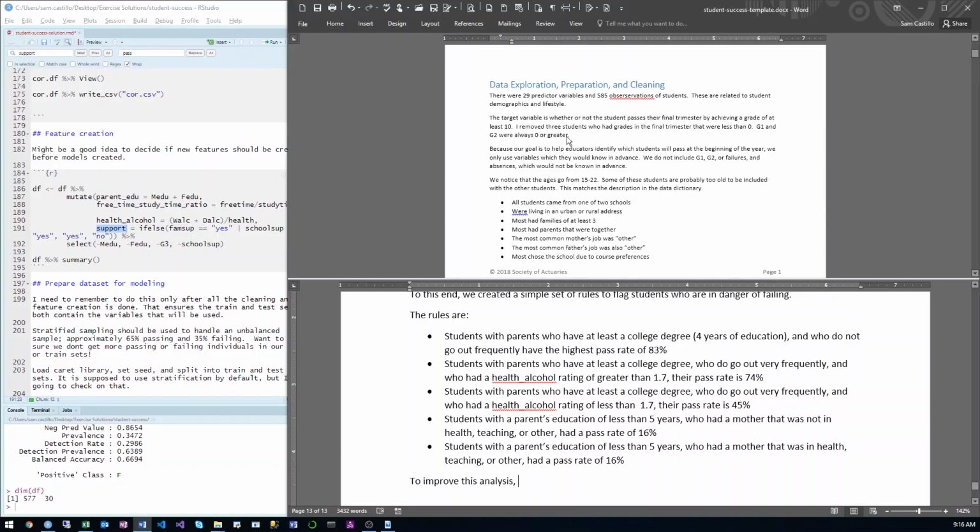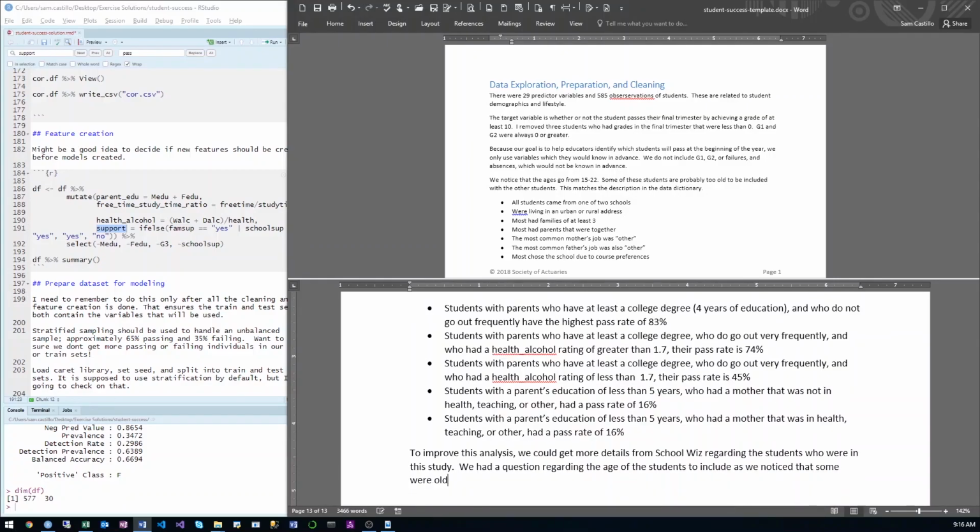now you just have to go through and talk about any of the mistakes that you had or questions that you had. So we could get more details from SchoolWhiz regarding the students who were in this study. We had a question regarding the age of the students to include, as we noticed that some were older, 20 to 22 years old.